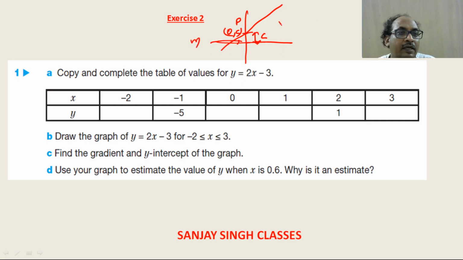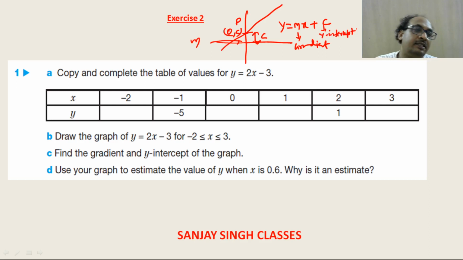So that's why the line's equation is y is equal to mx plus c. m is the gradient and c is called the y-intercept.